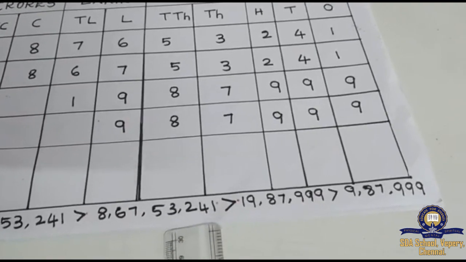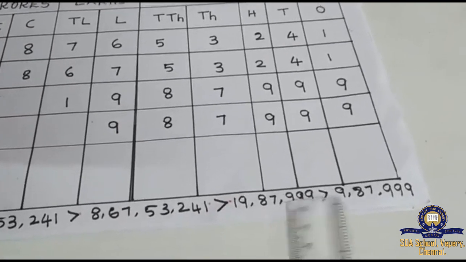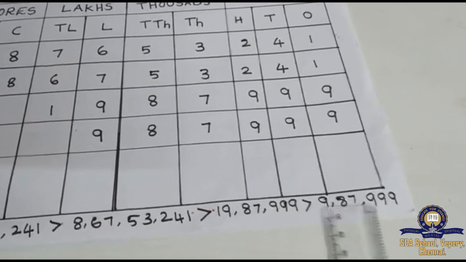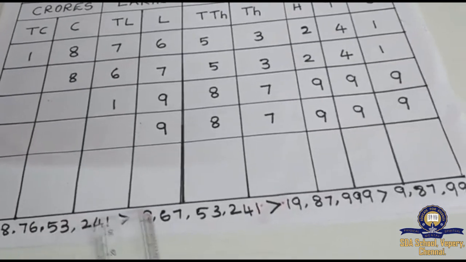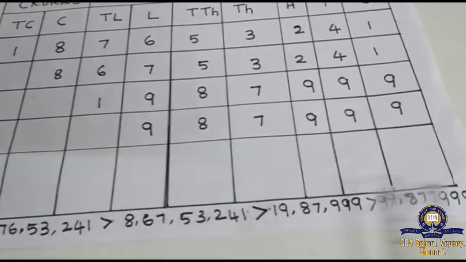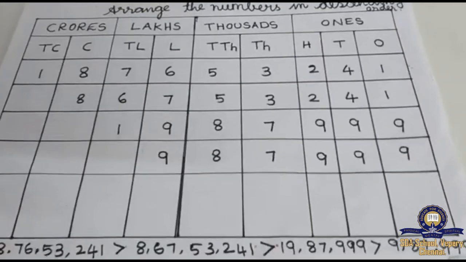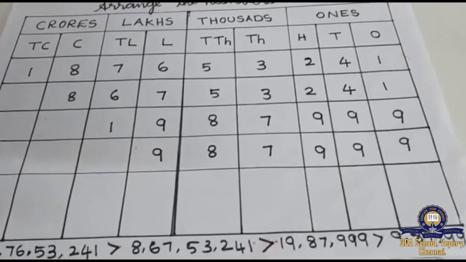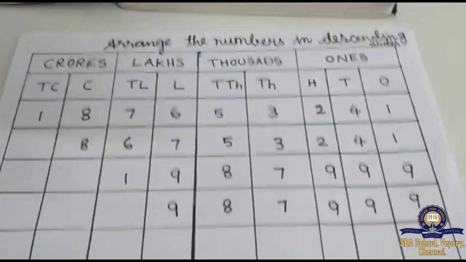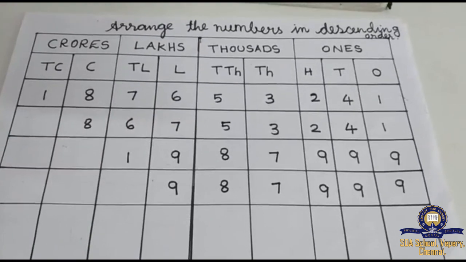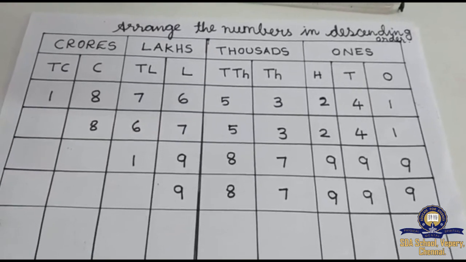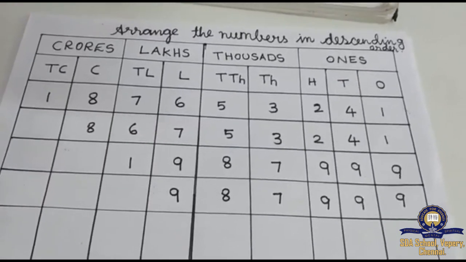And this is greater than this number, and this is greater than the last number, the smallest number. We have arranged from the greatest to the smallest. I hope you have understood how to arrange the numbers in ascending order and descending order.